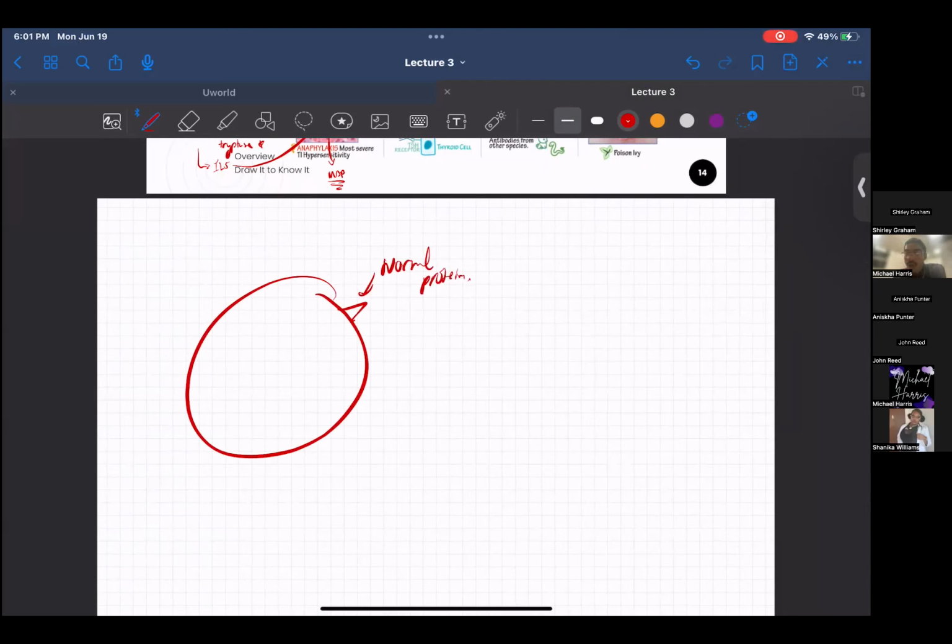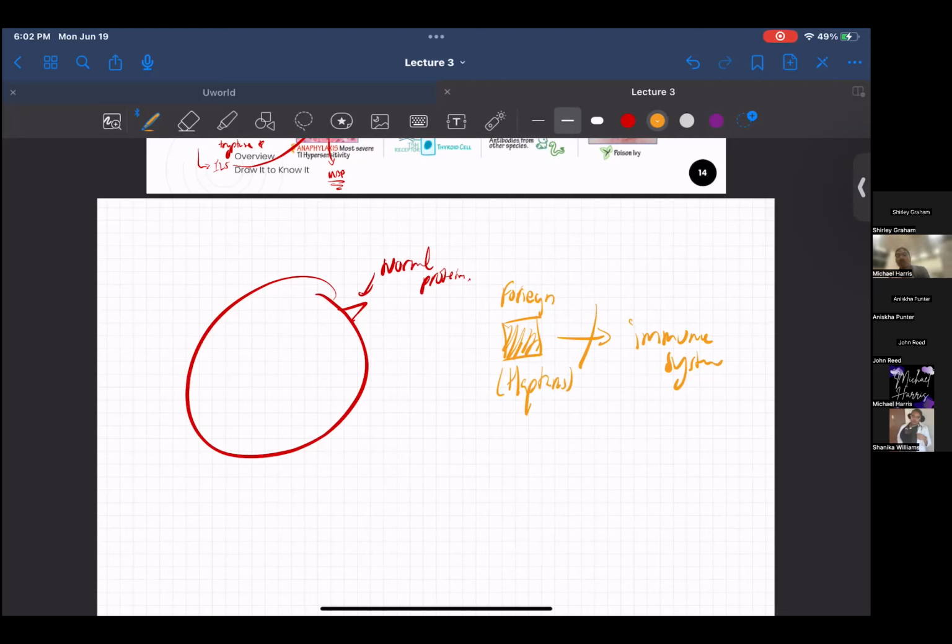Right? However, there are various foreign things that are too small to be picked up by the immune system. These are what are known as haptens. Okay?